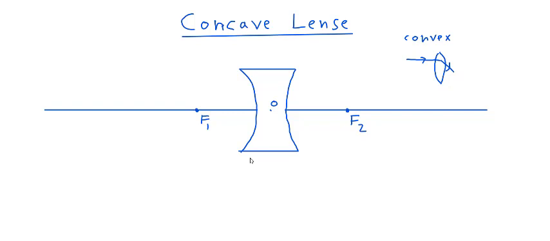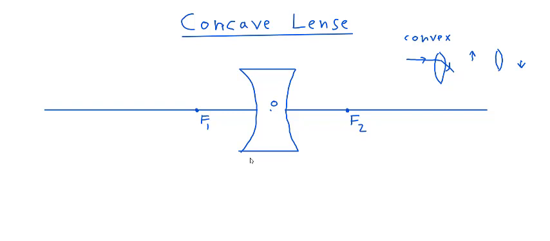And you hopefully also can recall that the convex lens gives rise to images. So if I have an arrow over on this side here, that arrow may give rise to an image on the other side of the lens, like that.